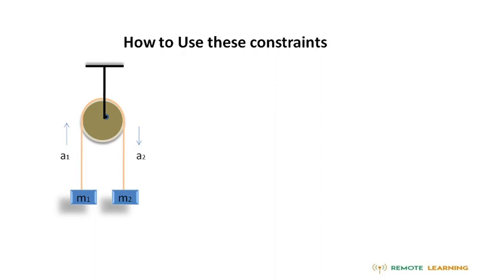Here the pulley is fixed, rotating but not moving. First of all, we draw the FBD of M1 and M2. Here is the tension T on M1 and the weight of M1, and this is the tension on M2 and the weight of M2.